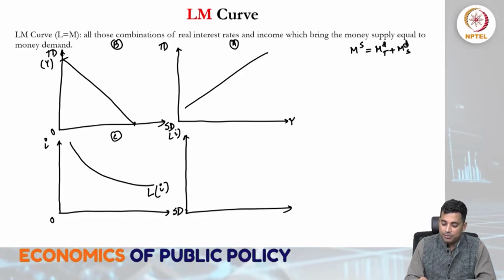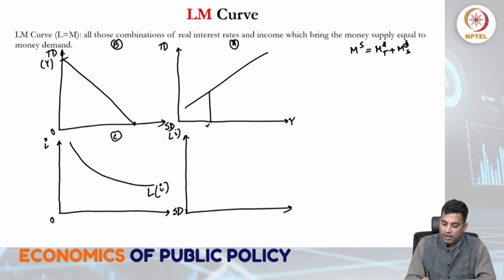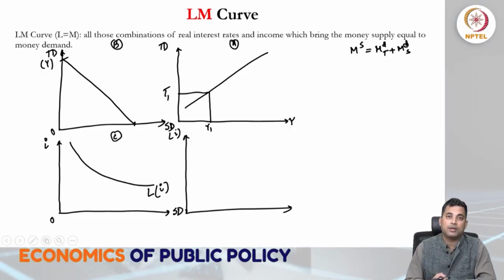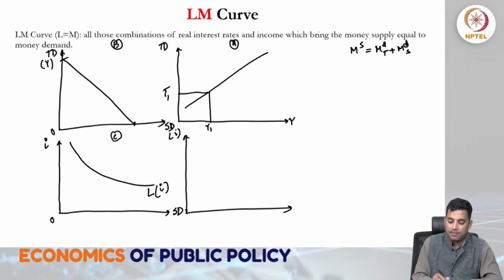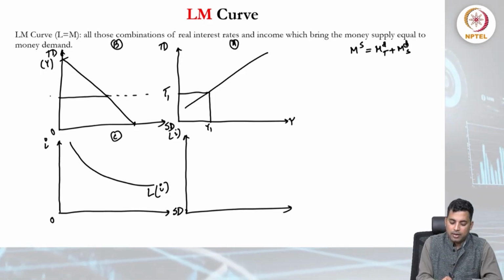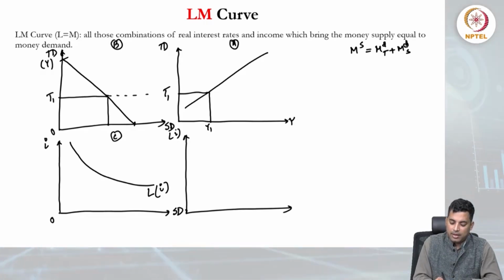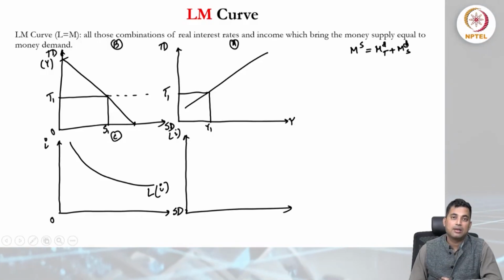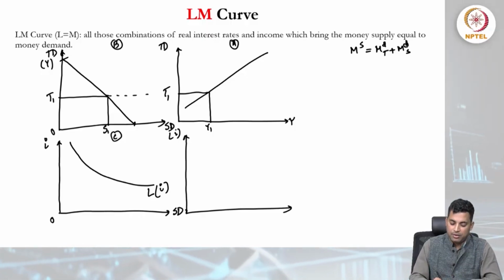So let's assume Y1 is here, and along with Y1, T1, the total transaction demand for money, is there, and here S1 for the speculative demand for money will be used.